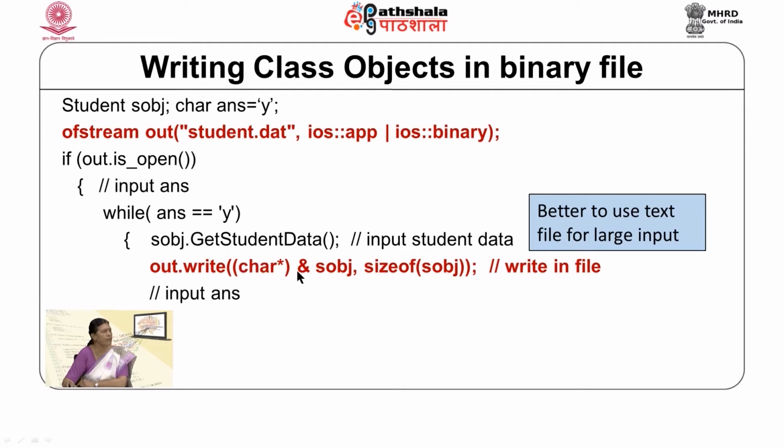So, we have used char star as the typecast, and how many bytes are to be written, again the sizeof operator will help us to determine the size of the object. So, we have used sizeof as obj. So, those many bytes will be written into the file student.dat from the current position of the put pointer.